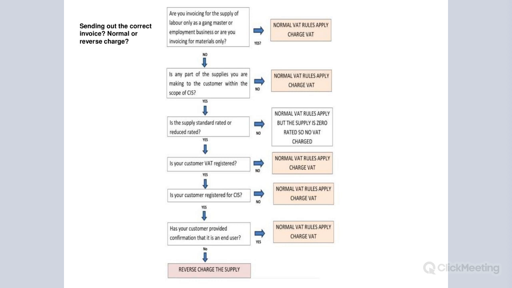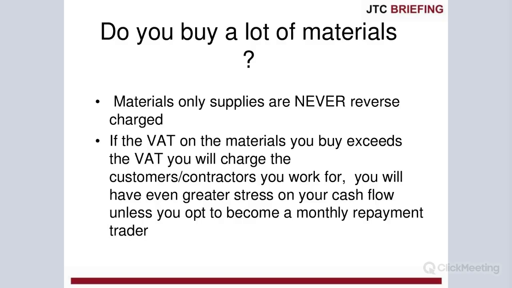We started that flowchart by talking about materials. Are you invoicing for materials? Because if you invoice for materials, you will charge VAT. I want you to ask yourselves if you buy a lot of materials as a firm, because in this brave new world, as you buy materials, they will never be reverse charged to you.